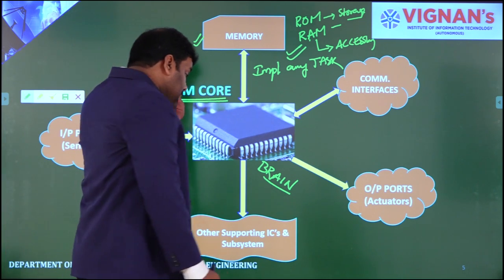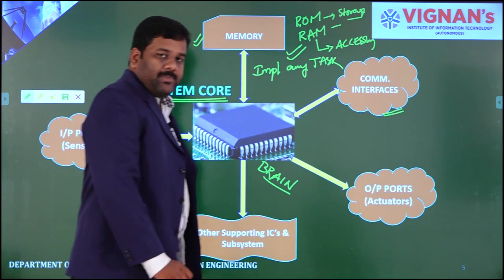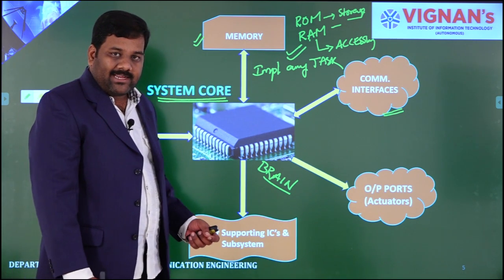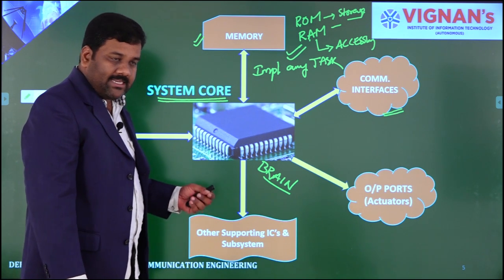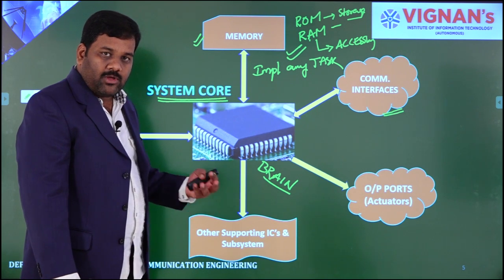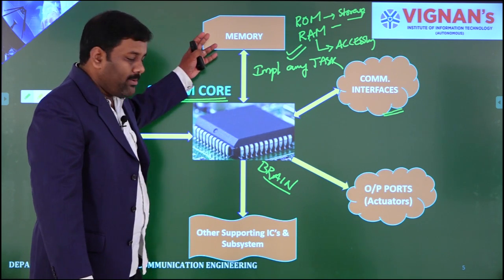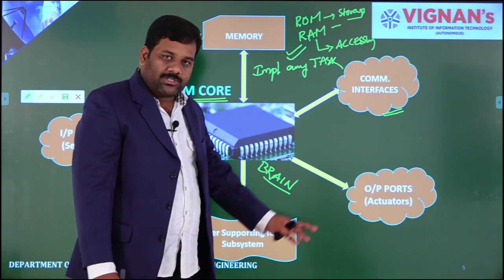And next one is communication interfaces, which create interfaces, just like a bridge, between the embedded system and any other system, or core to memory, or core to input devices or output ports.